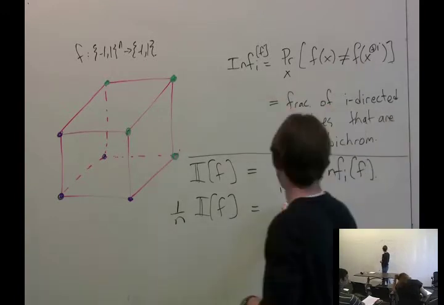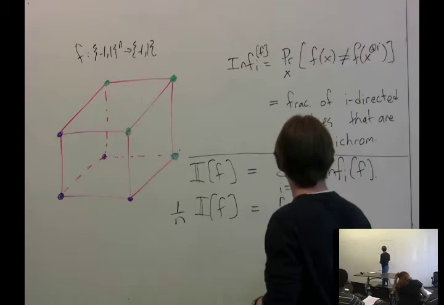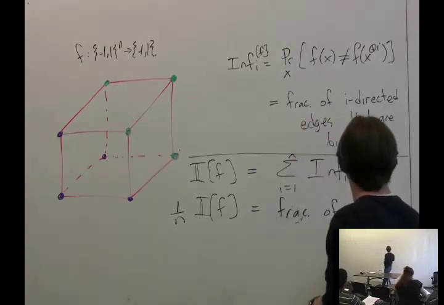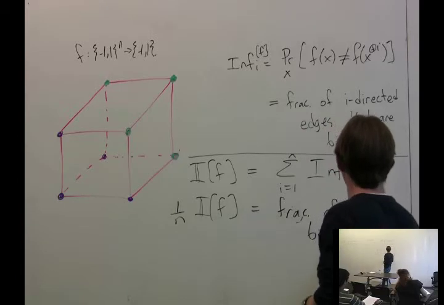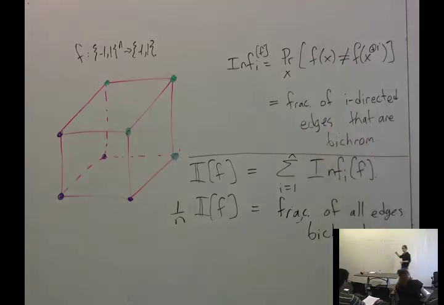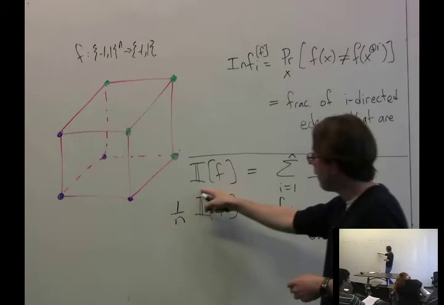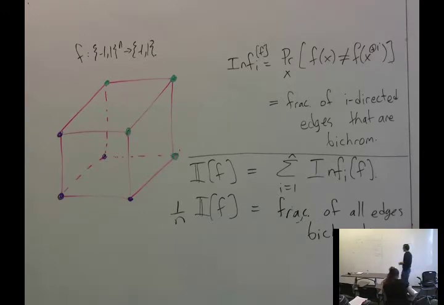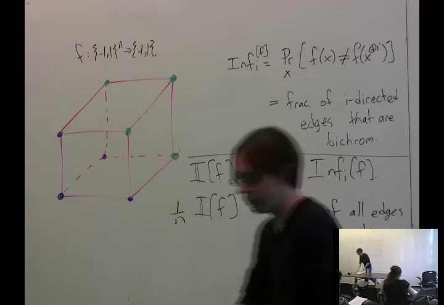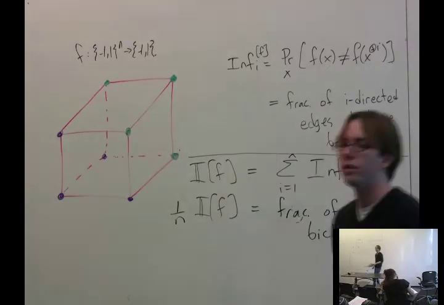And therefore, that's in fact just the fraction of all edges that are bichromatic. Okay, because if I average this quantity over i, there's an equal number of edges in each of the n directions. Okay, so up to the scaling factor of n, this total influence of f, if you think of it as indicating a subset, measures the fraction of edges that are on the boundary between what's inside f and what's outside f. Okay, so in that sense, it's measuring some kind of surface area of f as well.